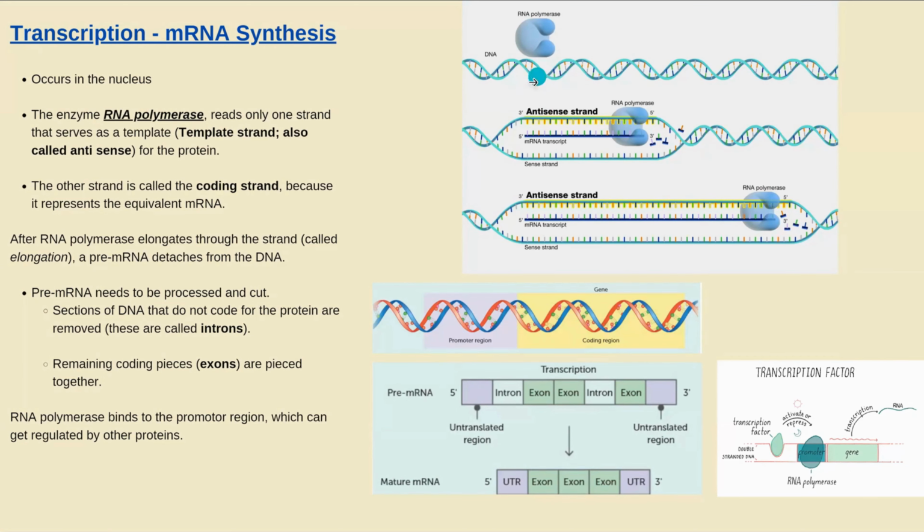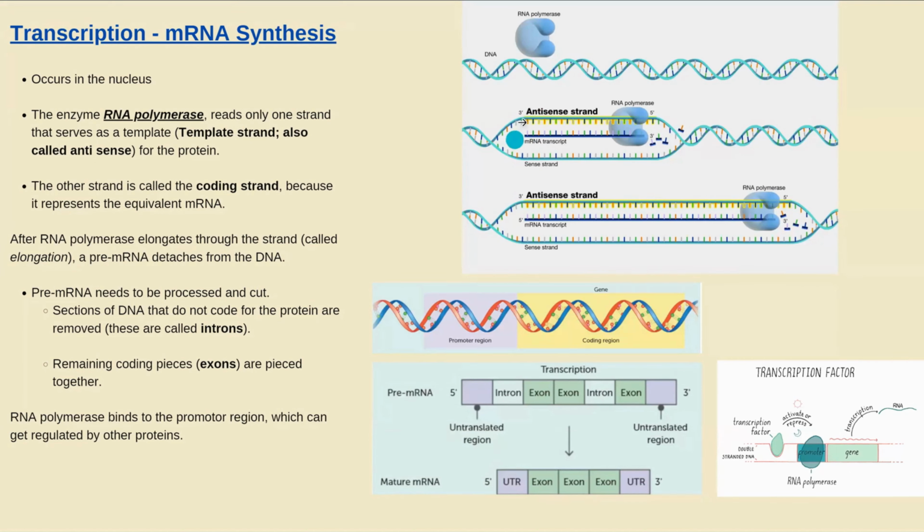It's reading that coding area, that template strand, and it's forming the mRNA nucleic acid, right? That RNA nucleic acid. So let's say if you see here, this particular area codes for the gene. The RNA polymerase will start to read this DNA template, okay?